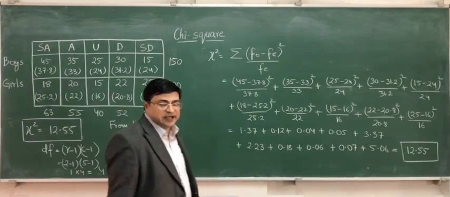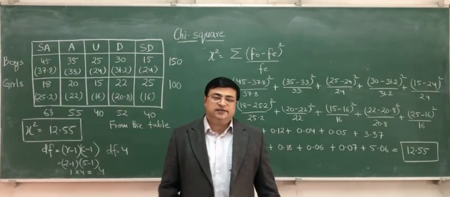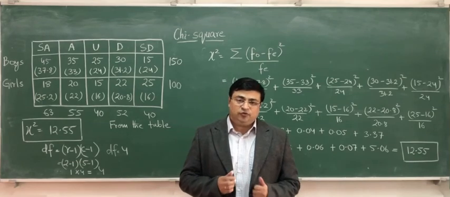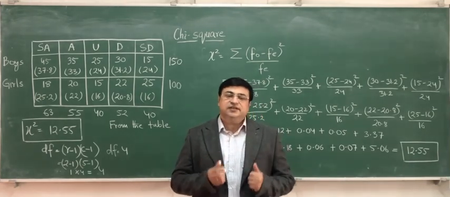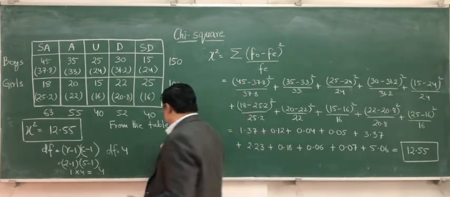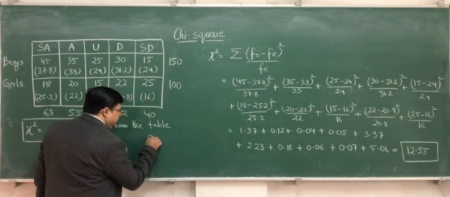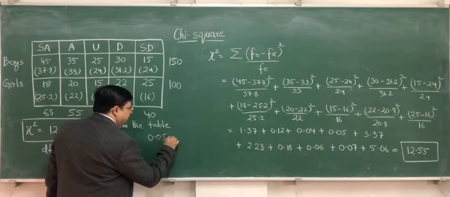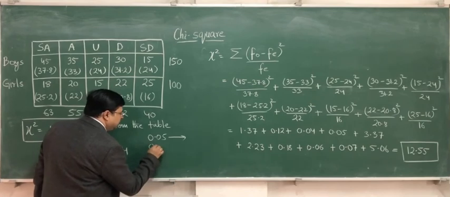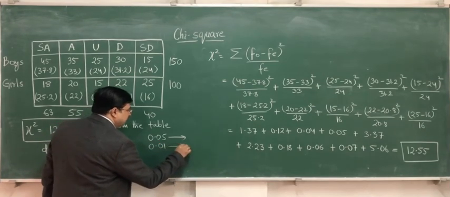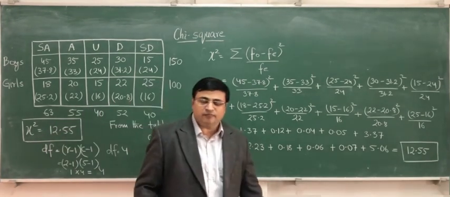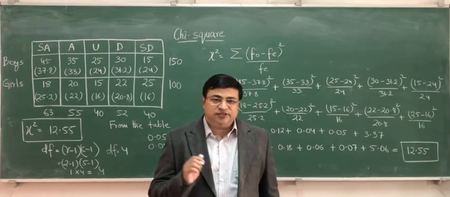So from the chi-square table, at degree of freedom 4, we can check the table value at 0.05 level and at 0.01 level. So let's see from the table.